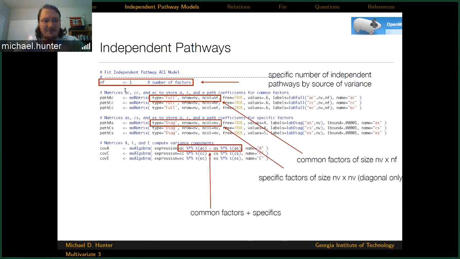To see this sort of model in code, we've got some OpenMx examples here. This line here, we are creating the factor loadings for the common part. So this part is really creating the L sub A loadings.